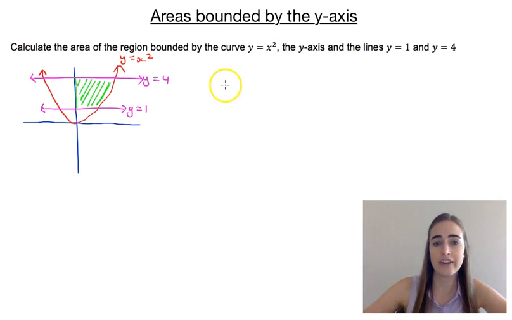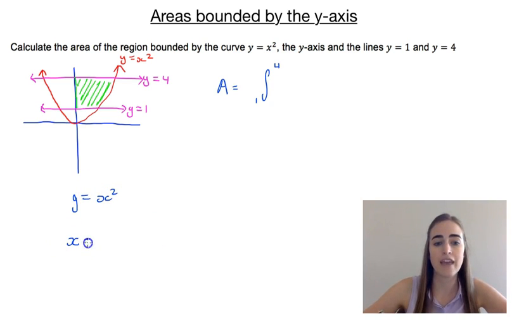To find that area, we have the area is equal to the integral between our bounds. So that's our y equals 1 and y equals 4, so between 1 and 4. And now we want our function, but we don't want our function written as a function of x, we want it as a function of y. At the moment our function is y equals x squared. We want to rearrange that to make x the subject.